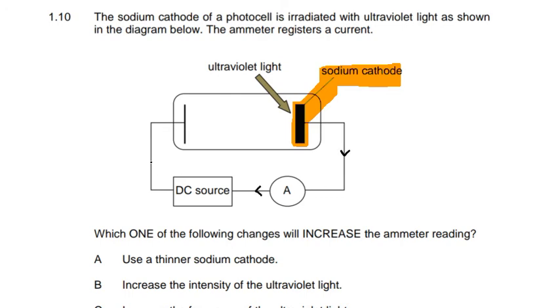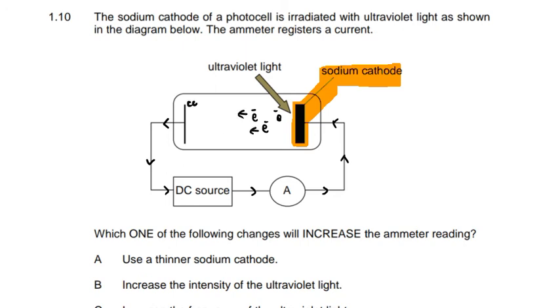So if they say that the ammeter records a reading, it means that there's a current flowing in the circuit, and that DC source is a battery which is necessary for this whole thing to work. All right, so what happens in this diagram is that the ultraviolet light gets radiated onto the sodium metal, and then some electrons get emitted, and these electrons are going that way.